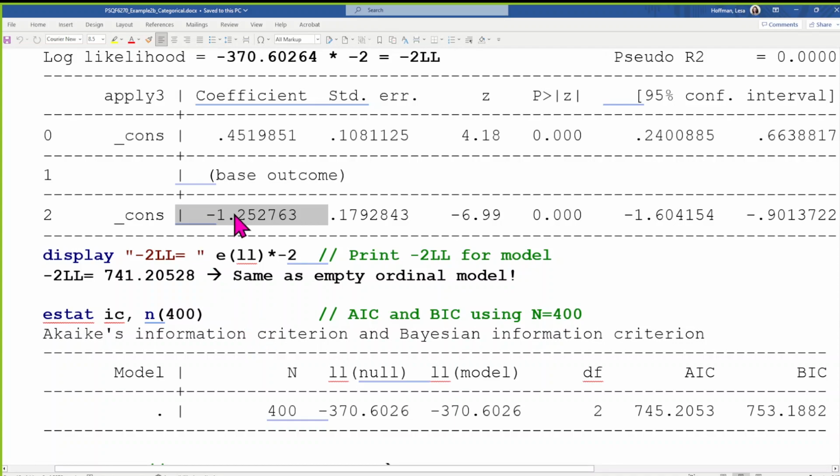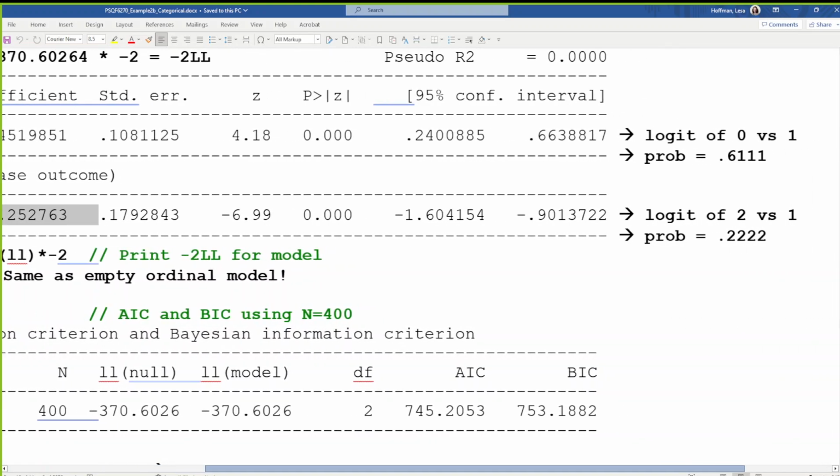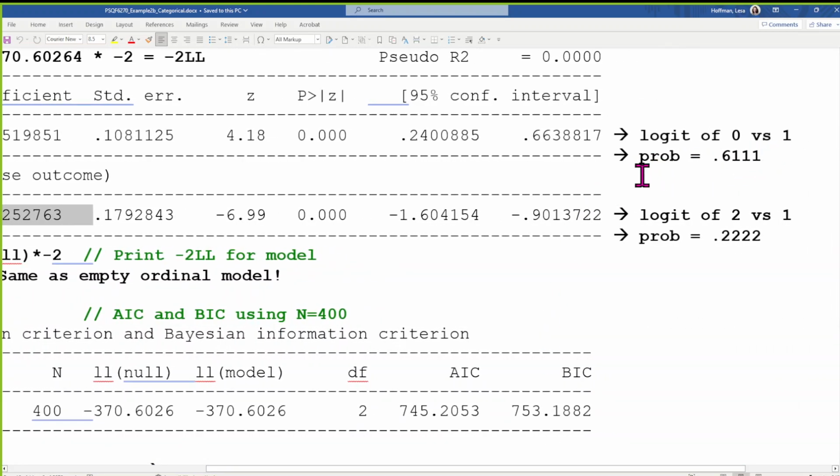And these are logits, but I can back translate them into probabilities. When I do that, the first answer corresponds to a probability of 0.61, and the second corresponds to 0.22. Neither of those numbers were in my frequency table.